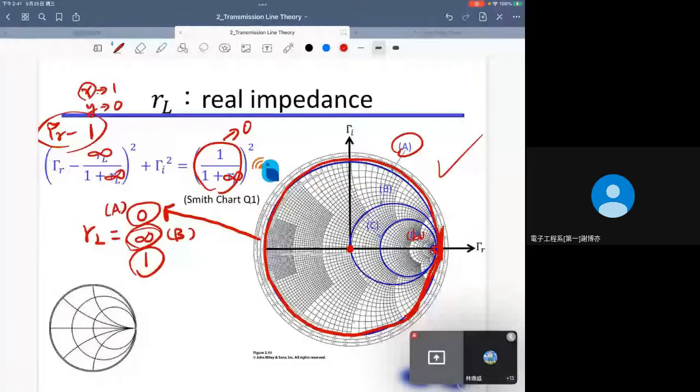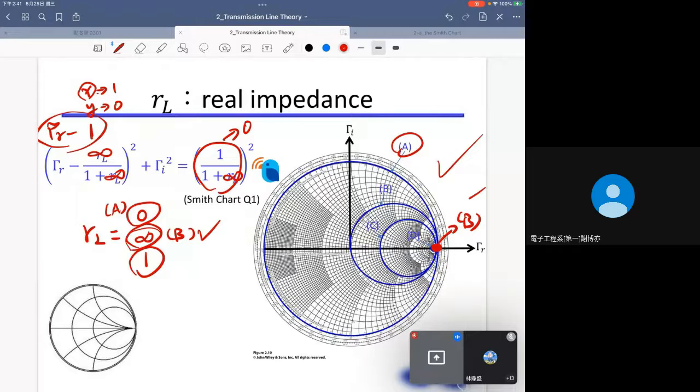So the circle is at this point. RL is infinite, which is open. And for the first one, it is a short.